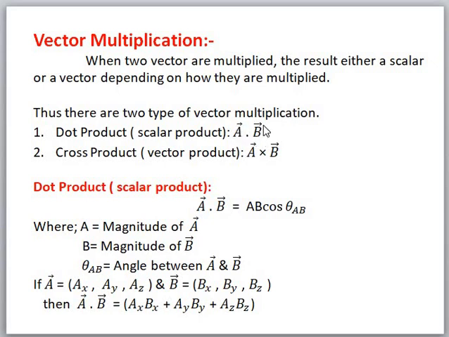vector B. Now let's see the second, cross product.